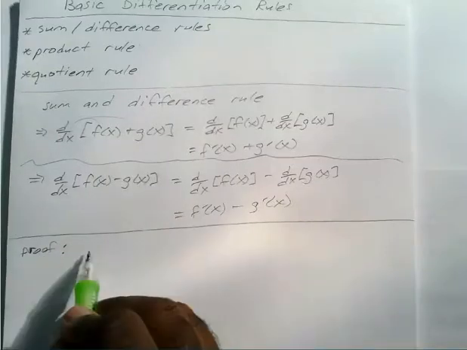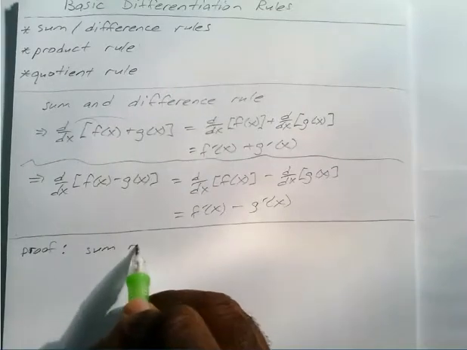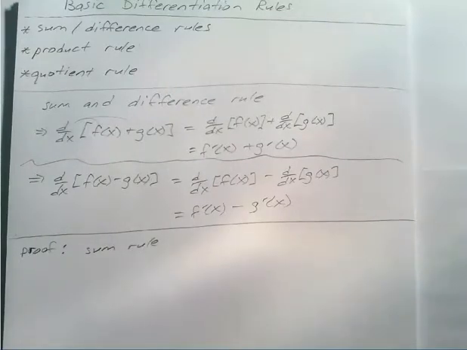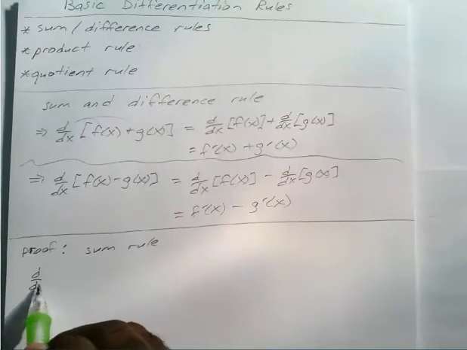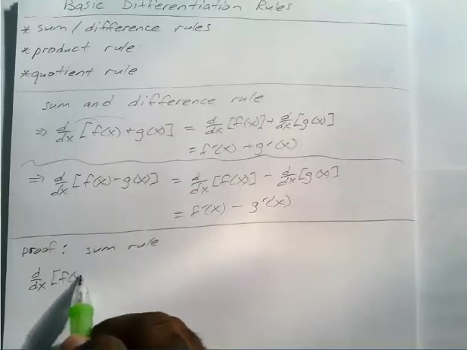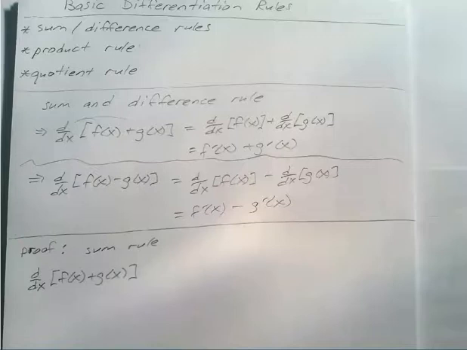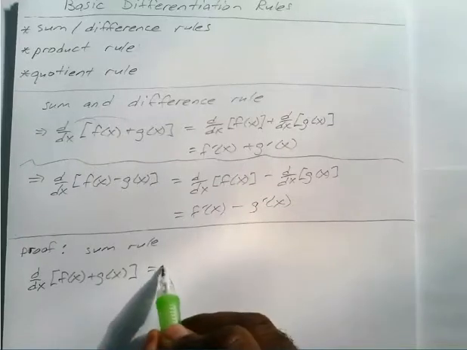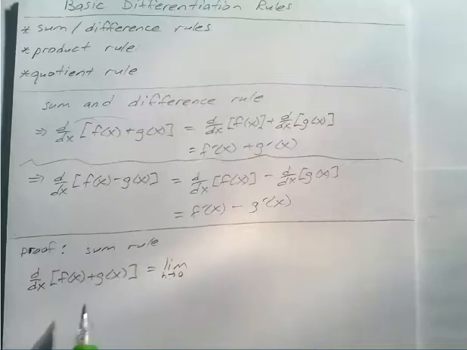So if we look at the sum rule for differentiation, we know that the derivative with respect to x of f of x plus g of x is equal to the limit as h approaches 0 of, what you're differentiating, but f of x plus h.